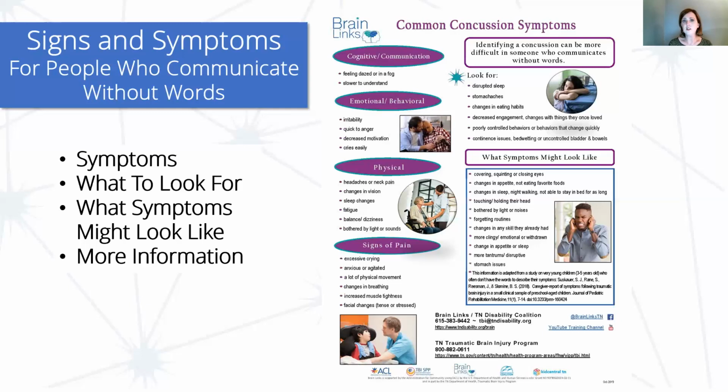We can all look at a list of signs and symptoms and think, well, this is sort of like me on any given day, or this is what my child or my student or my patient is like. And we're looking for something that's new and increased or changed for that person.